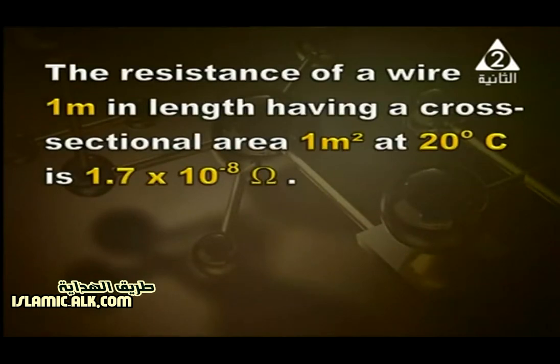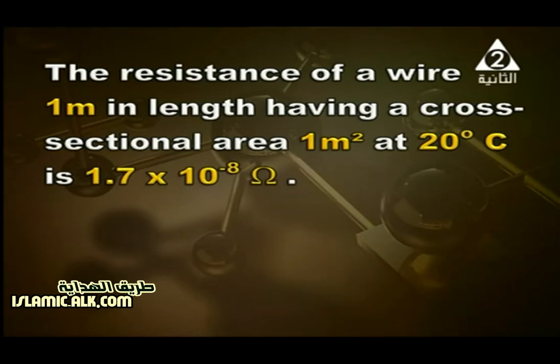The resistance of a wire, 1 meter in length, having a cross-sectional area of 1 meter squared at 20 Celsius is 1.7 times 10 to the power of negative 8 ohm. What do you understand from this?